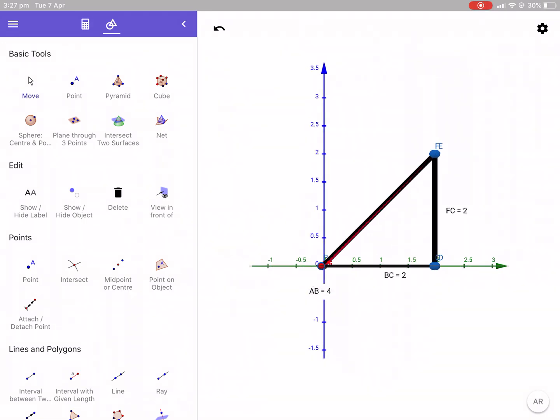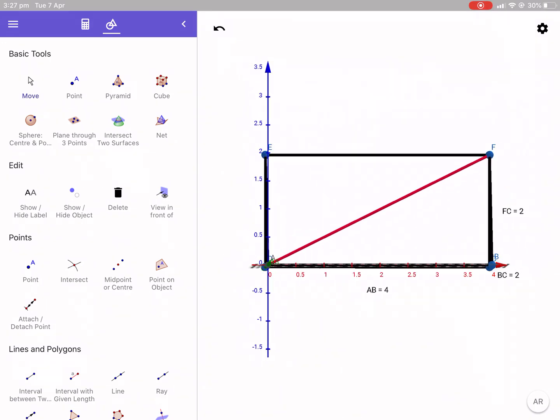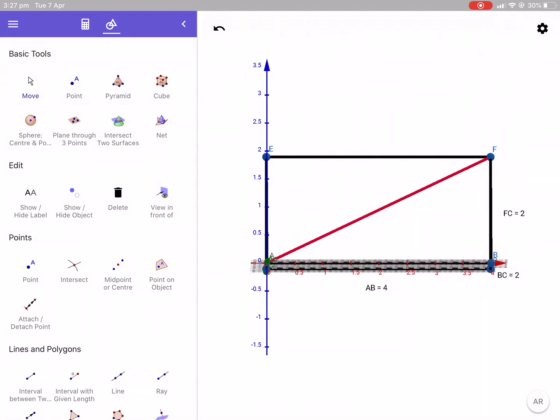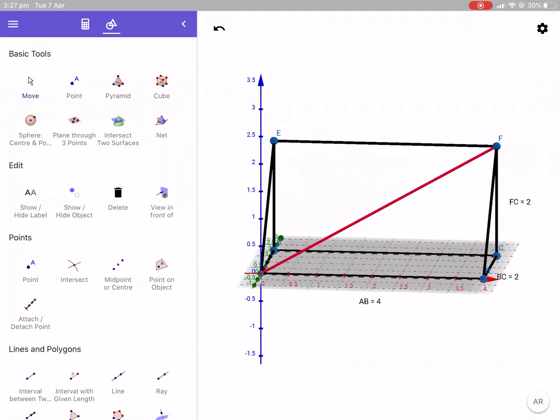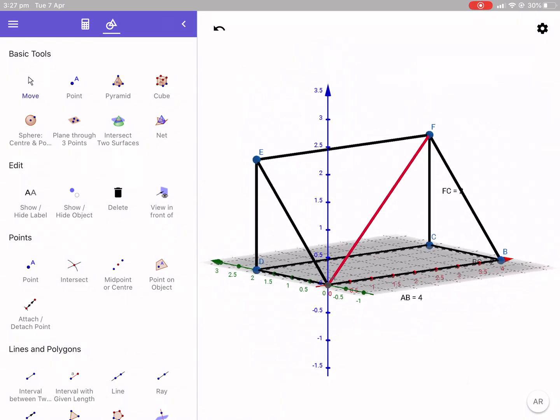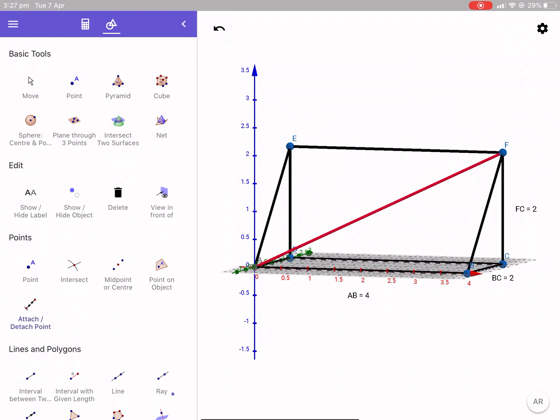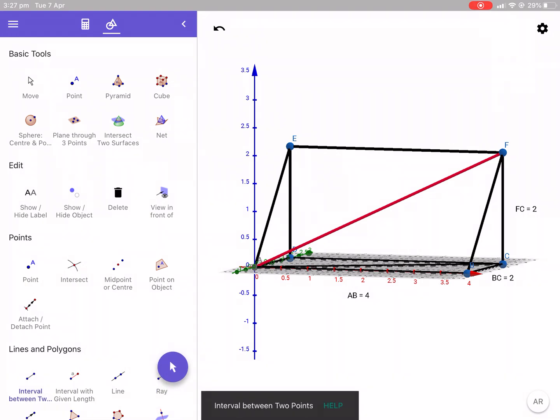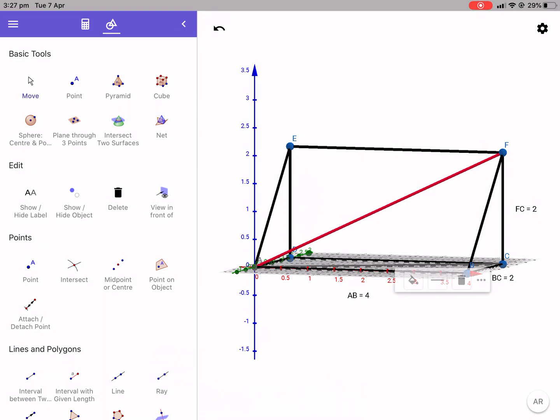So, looking at it sideways isn't going to help. Looking at it frontways is probably not really going to help. It's going to help more if we also put in the line that we had before from A to C. Oh, sorry, no, I want to do an interval, A to C. And let me make that one blue.